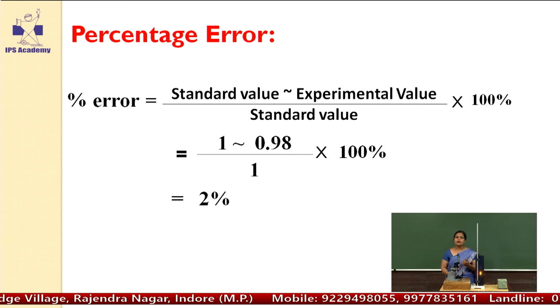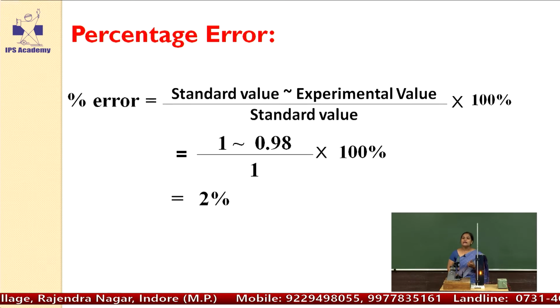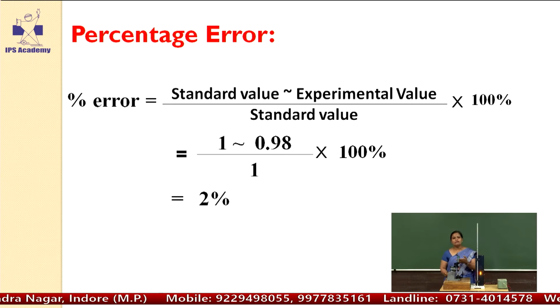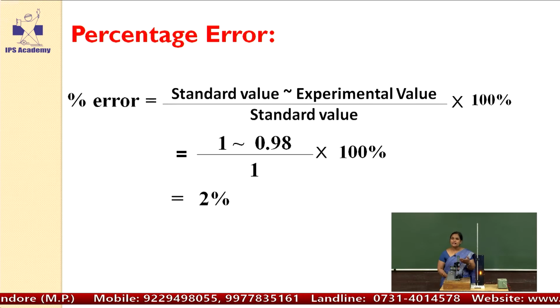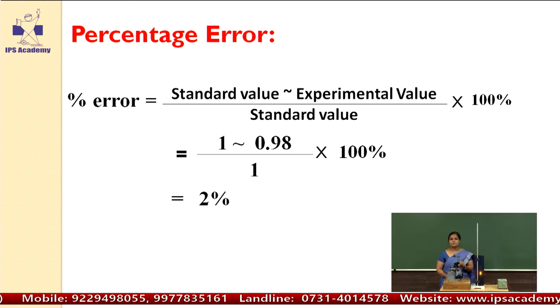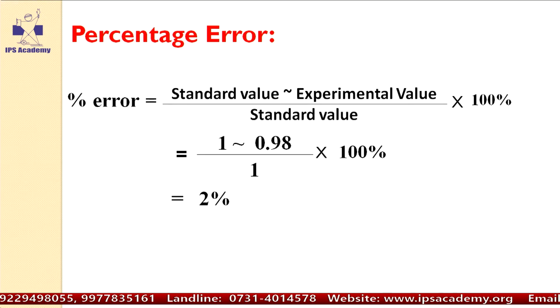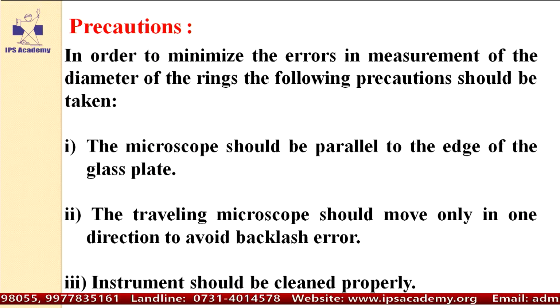Our standard value in this case is 1 meter, the experimental value is 0.98 meter, and divided by 1 into 100 we get 2% error. So this is a very good result. The error must be less than 10%. So you should take the readings very carefully to minimize the percentage error.